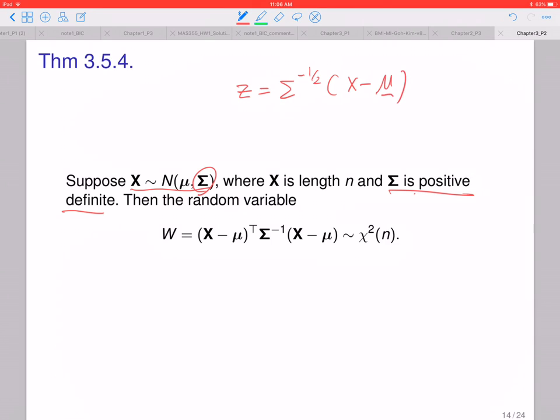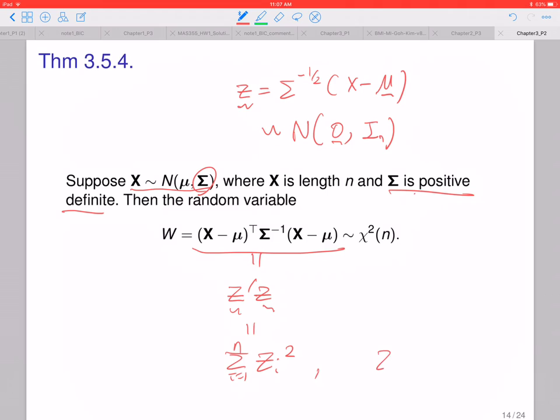If you obtain this, it is actually a normal distribution with mean 0 and variance I, the standard n-dimensional normal distribution. So this is essentially Z'Z, which is the sum for i equal to 1 to n of Zi squared, where Zi is normal(0, 1).